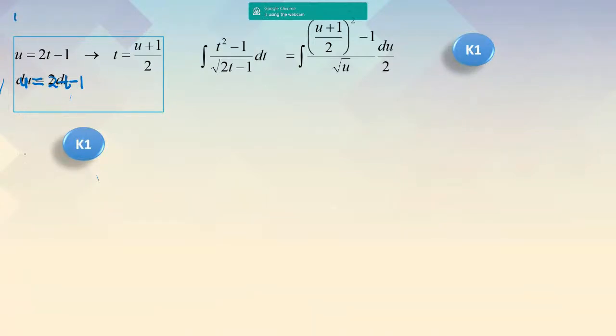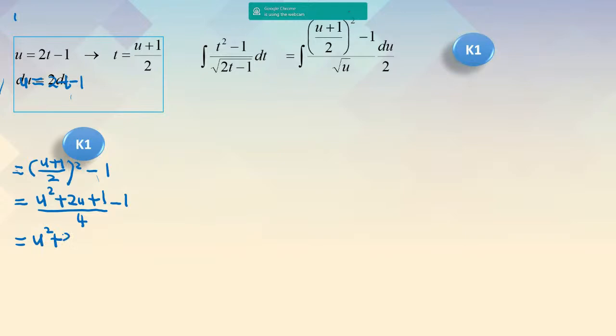So now we are going to expand. Okay, expand u plus 1 over 2 square. Okay, expand u square plus 2u plus 1 over 4, okay, minus 1. Okay, then simplify u square plus 2u plus 1. Okay, then this one multiply with 4, so minus 4 over 4.